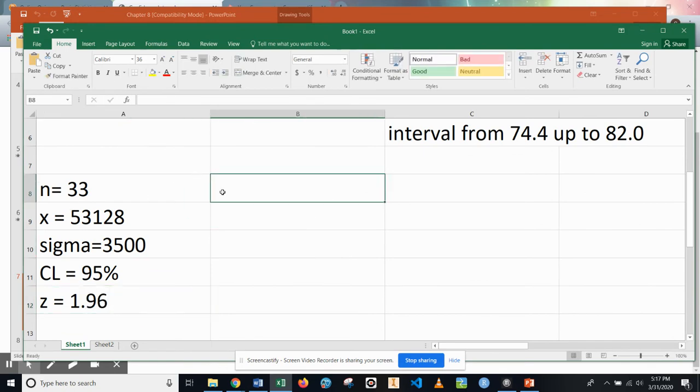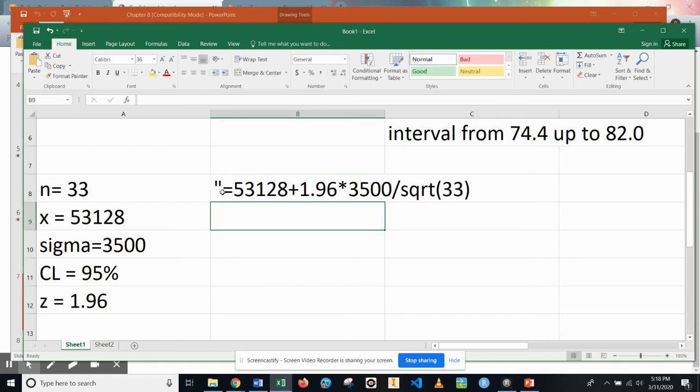And now I can put my pieces in. I'm going to start with my mean, plus, then I'll take my z-score times my standard deviation divided by the square root of my sample size. Again, that gives me the upper value of my interval.